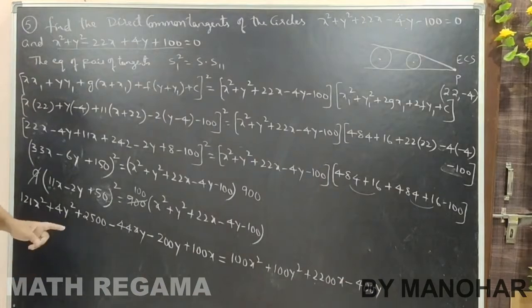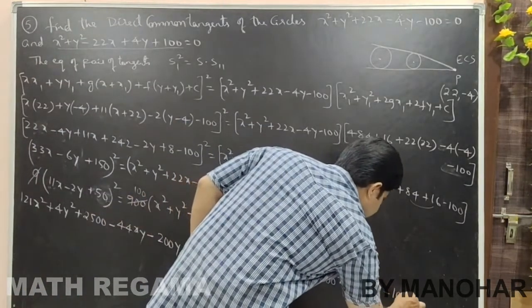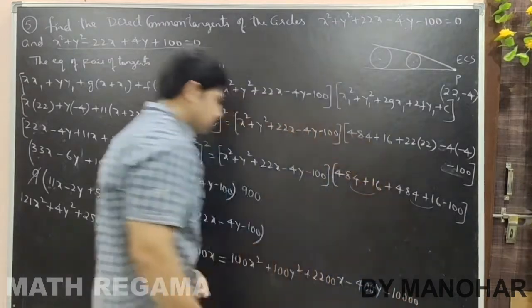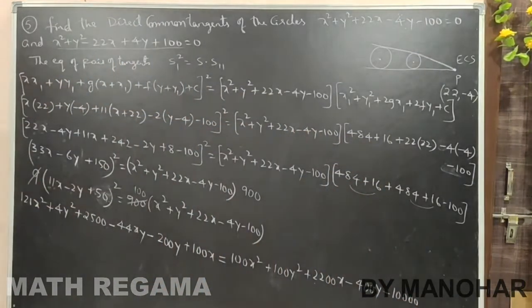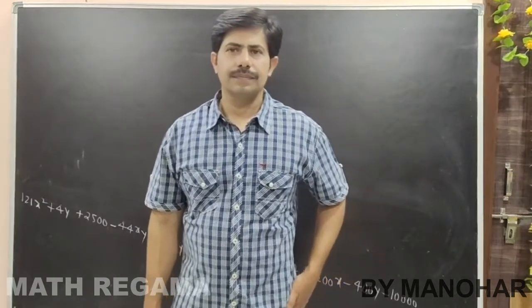And minus 100 into 100 is 10,000. So we multiply this. Now what we do is we'll simplify this.